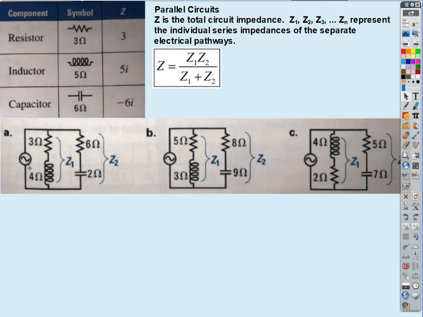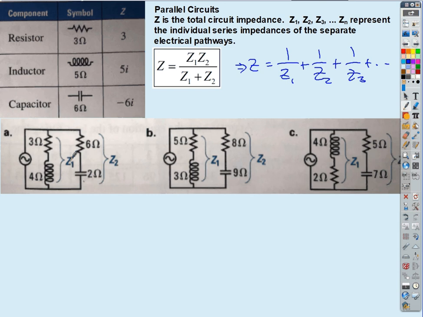And so if we want to know what the overall impedance is, here's how we do that. The overall impedance is equal to 1 over Z1 plus 1 over Z2 plus 1 over Z3, for all the circuit elements, for each loop in the circuit. When I say Z1 and Z2, I'm talking about one of the loops that the current can go through.